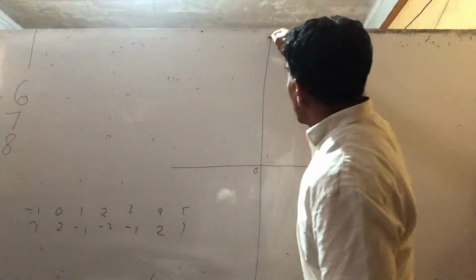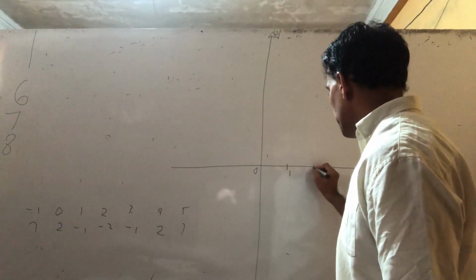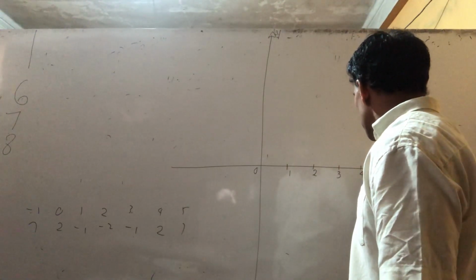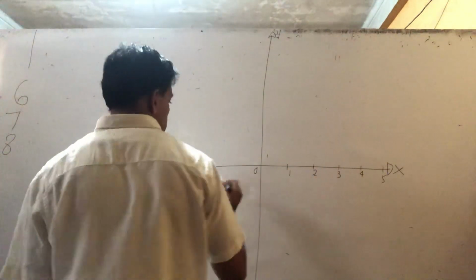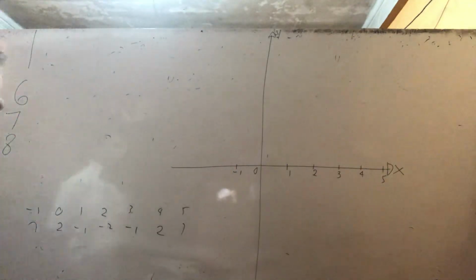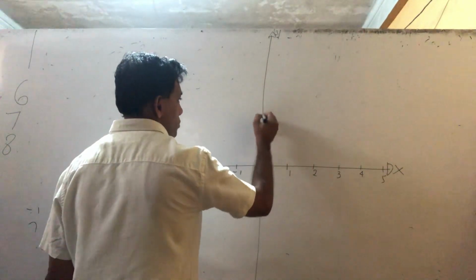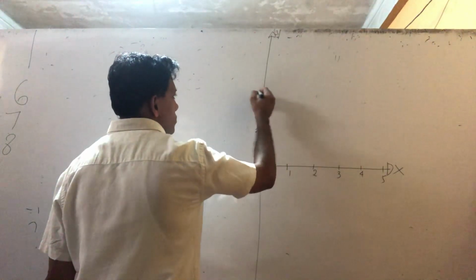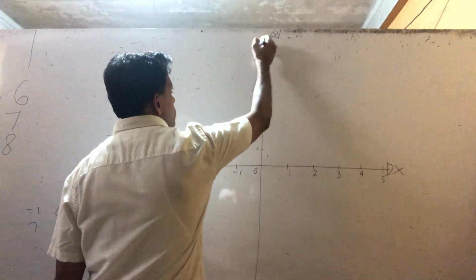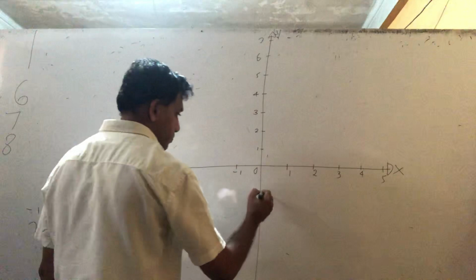Draw the x-axis, y-axis, origin, x up to 5, negative side minus 1. Positive y up to 7, values 1, 2, 3, and downwards to minus 2.